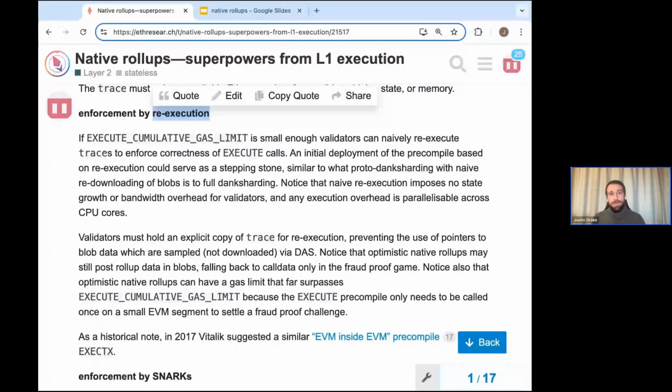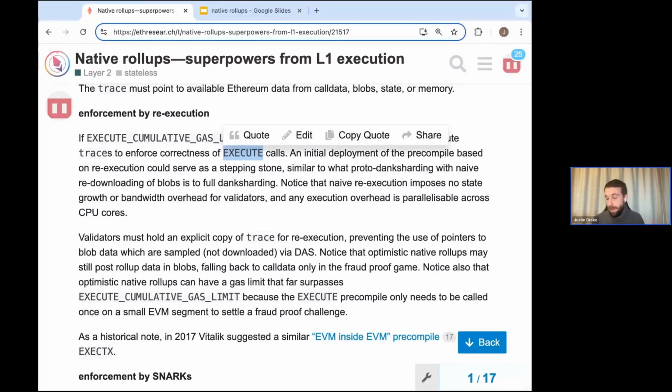And the nice thing about the naive re-execution is that it doesn't increase any state, because this is a stateless precompile. It doesn't increase bandwidth, because we're not changing the number of blobs. We're not changing the amount of call data that can be pushed on chain. But the one thing that it does increase is basically CPU cores and execution.